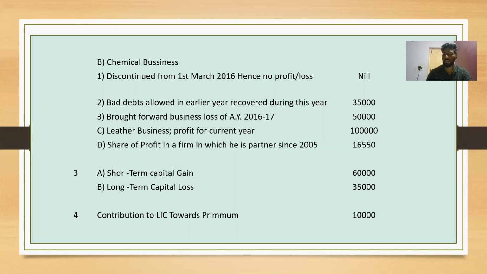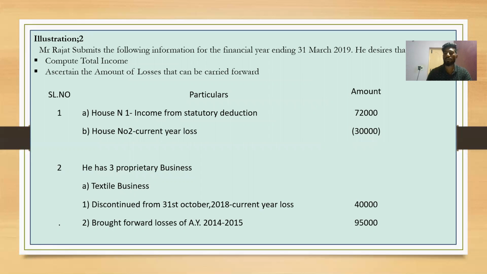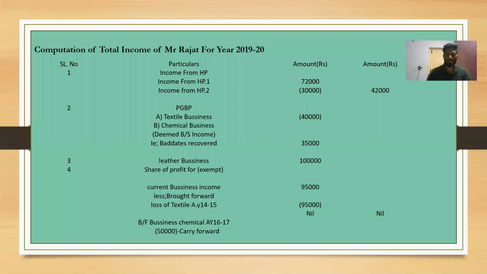First we need to set off the earlier one, because there is a limitation for a certain period. The loss in assessment year 2014-15 is 95,000, so we will set off that amount.